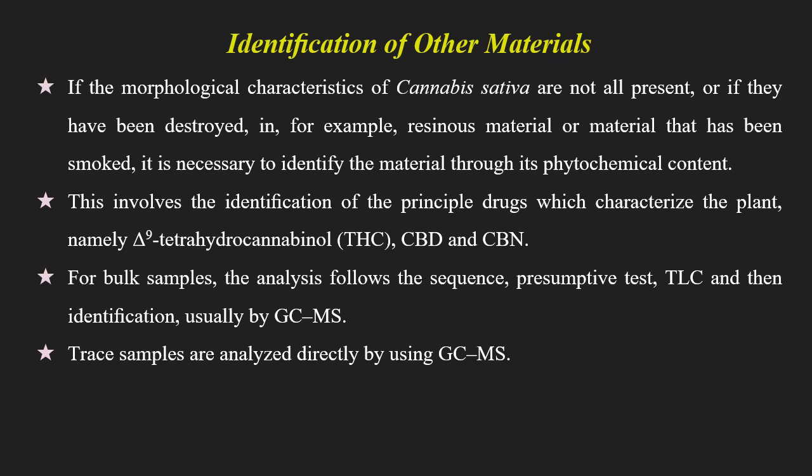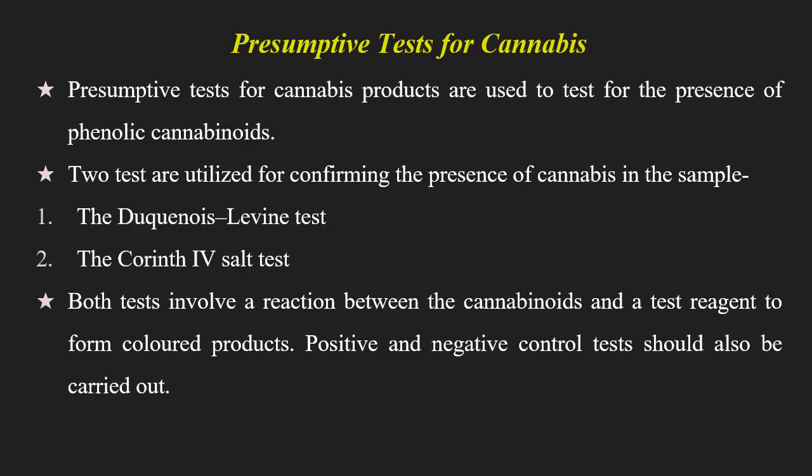For bulk samples, the analysis follows the sequence presumptive tests, TLC, and then identification by GCMS. Whereas if the sample is a trace sample, then it is analyzed directly by using GCMS. Two tests are generally used as the presumptive tests for cannabis.